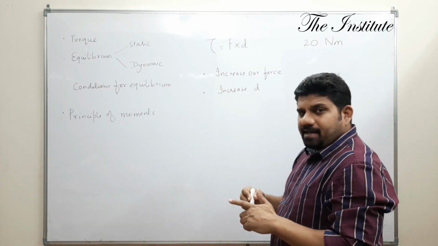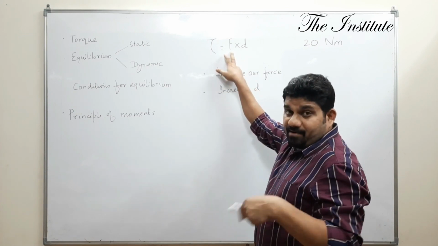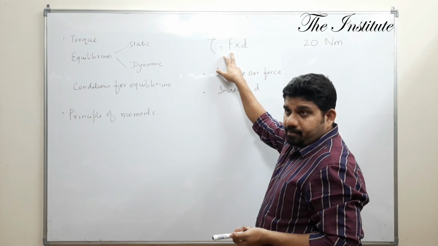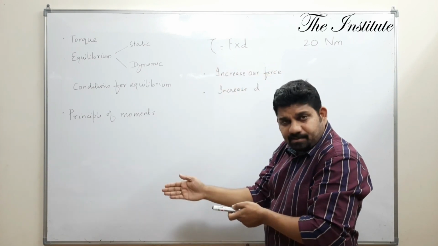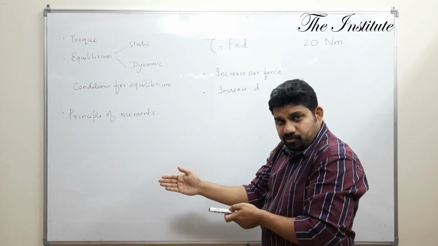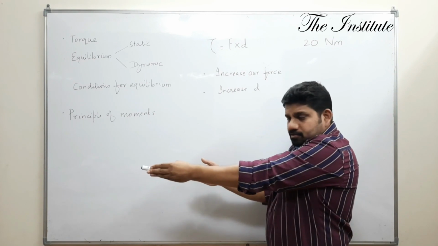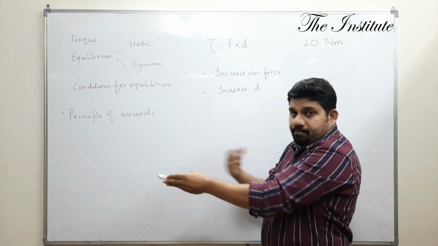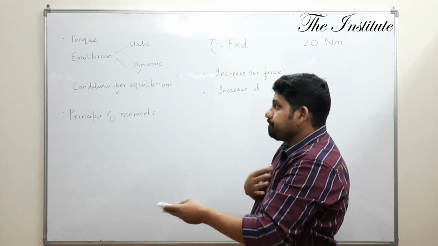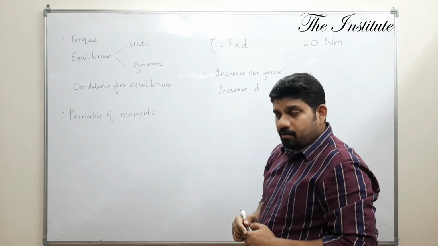Now one way of obtaining that 20 Newton meter torque is I apply a force of 20 Newton and the perpendicular distance between the axis of rotation and the handle, that means the line of action of force, is 1 meter. Okay, and I'm applying 20 Newton, remember? So that way also I'll be able to generate 20 Newton meter torque.